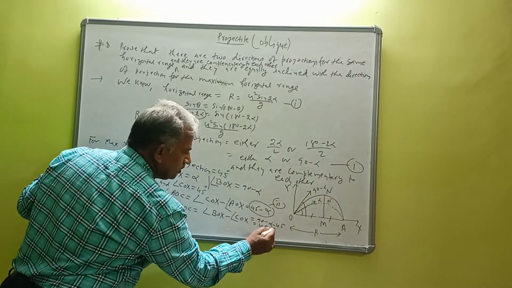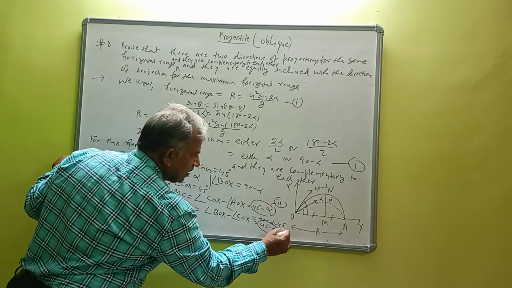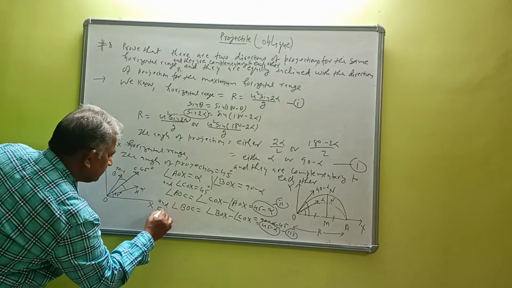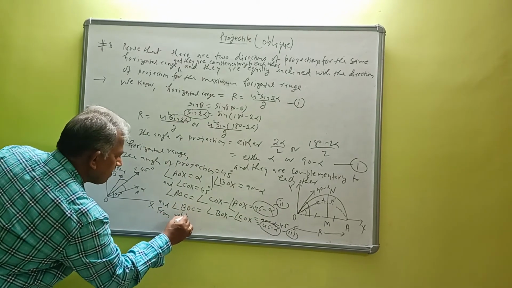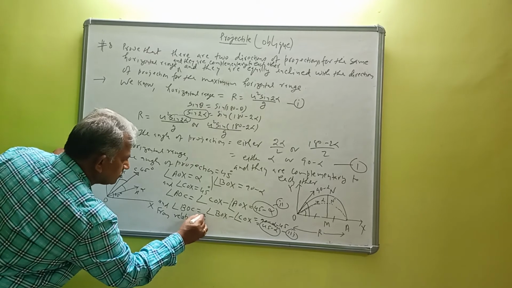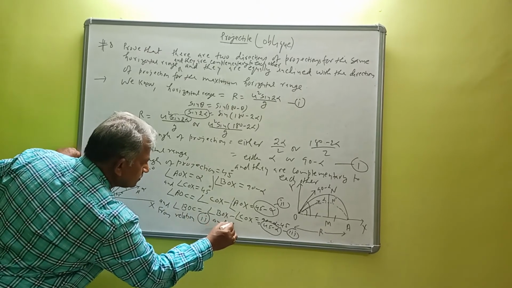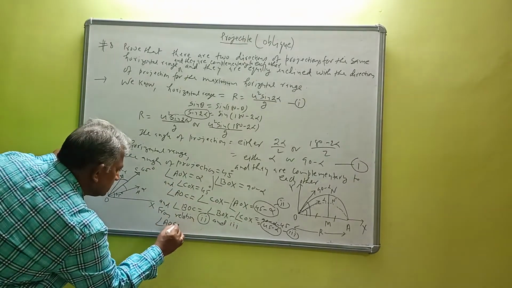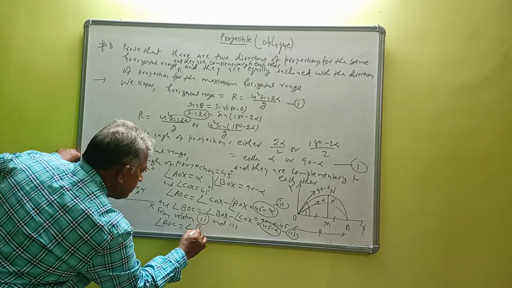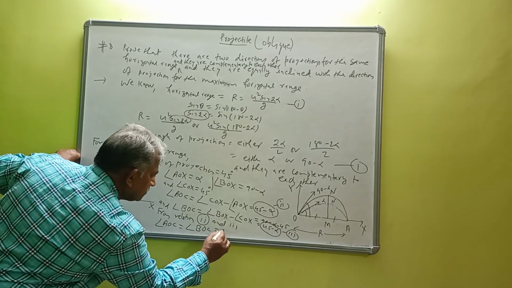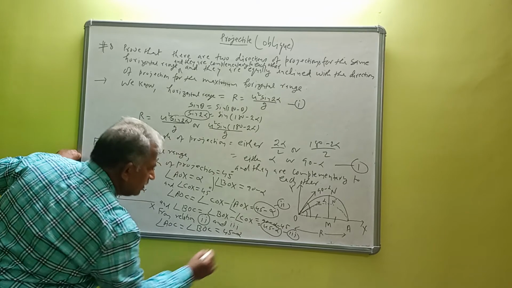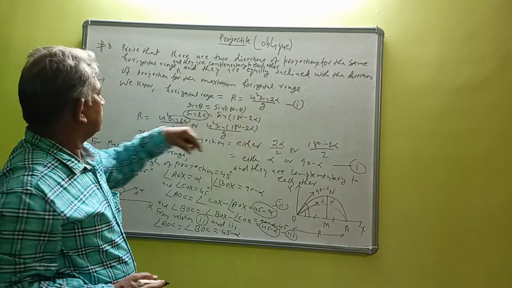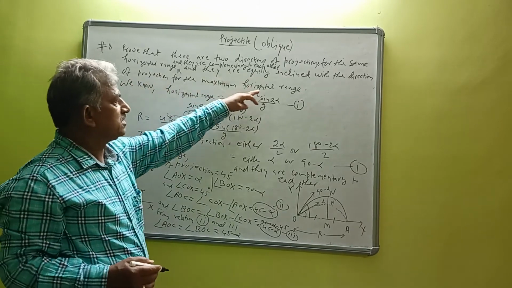So these two are the same from the second and third relations. So we can say from the second and third relations, angle AOC is equal to angle BOC, and they are equal to 45 minus alpha. And this proves that the directions of projection for the same range are equally inclined with the direction for the maximum horizontal range.